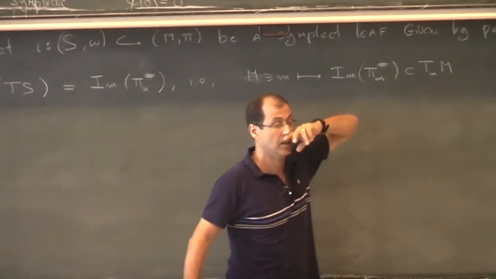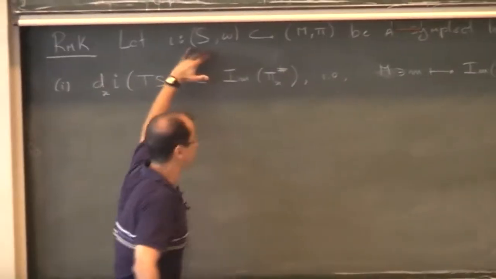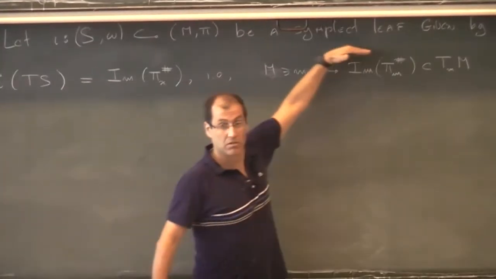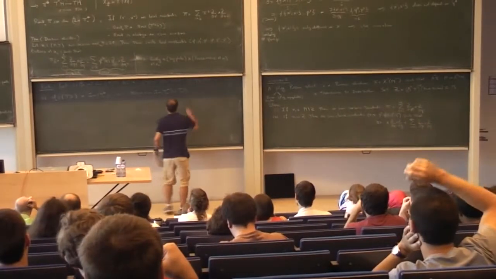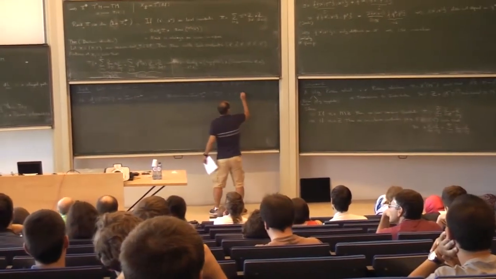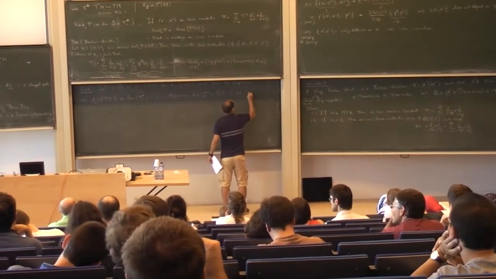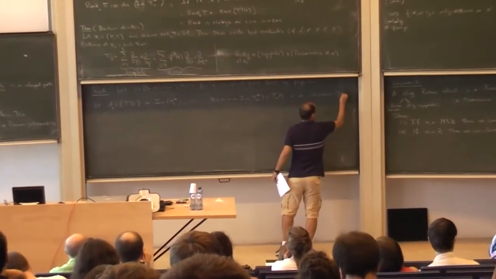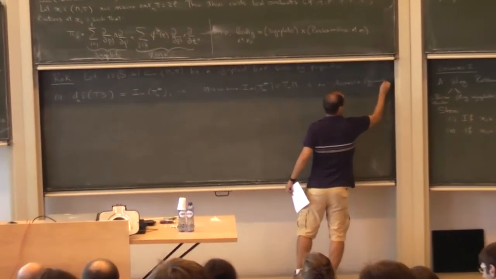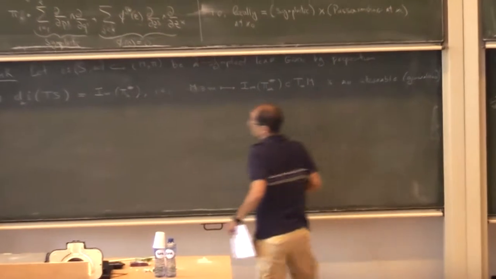Okay? And what we are saying is that these S's are integrable leaves of this distribution. So it is an integrable, I should say generalized, distribution. Generalized just means that the dimensions vary.